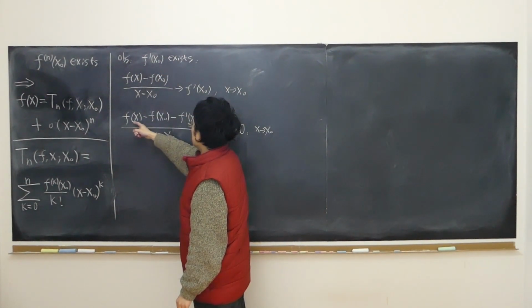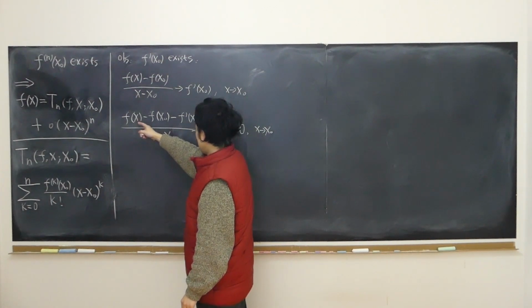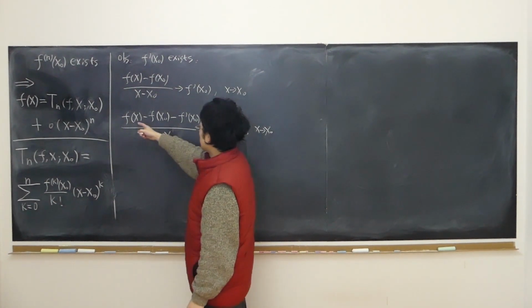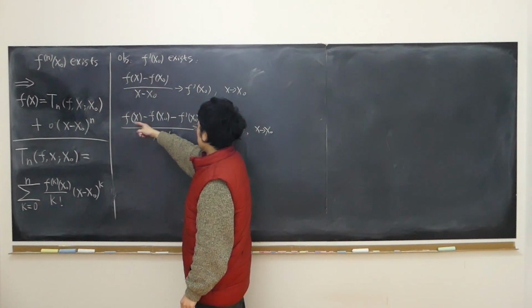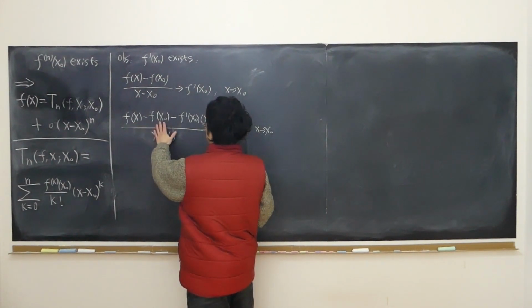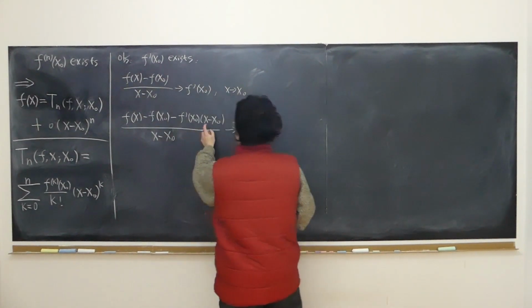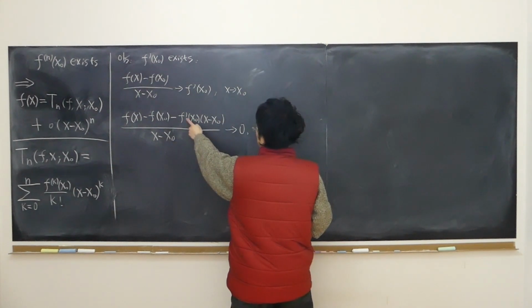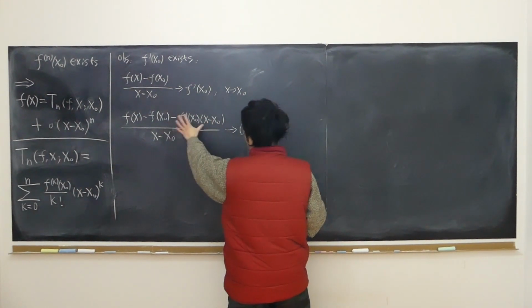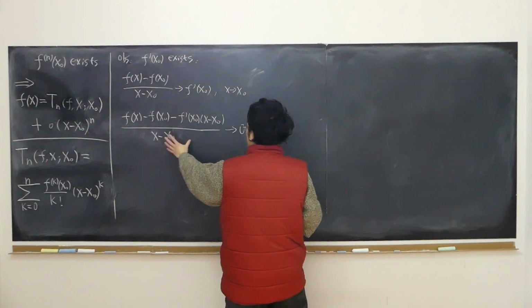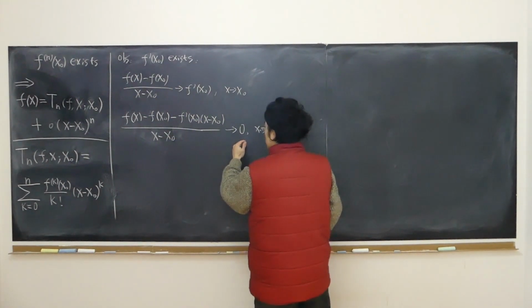So the limit of f of x as x approaches x naught has to be equal to f of x naught, so f of x naught minus f of x naught equals 0. And this is just a constant. So the top is still 0. So we have an infinitely small amount divided by an infinitely small amount that still approaches 0.